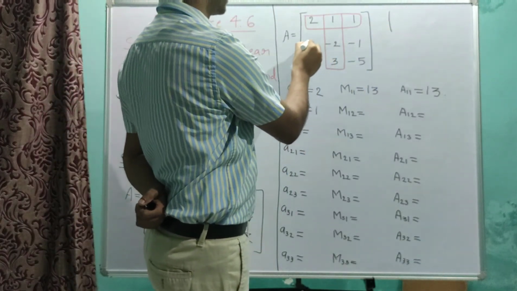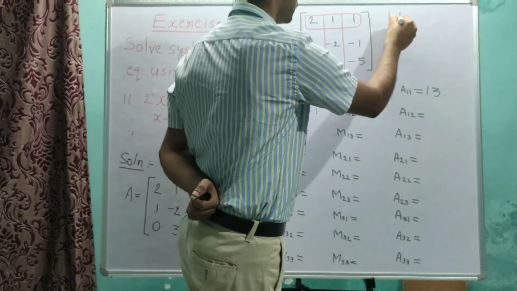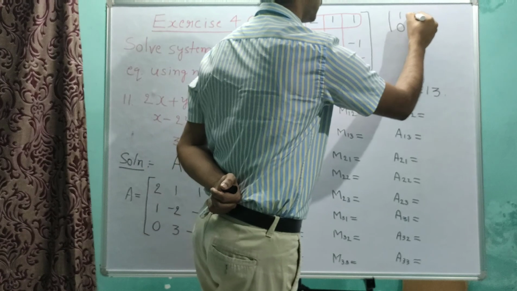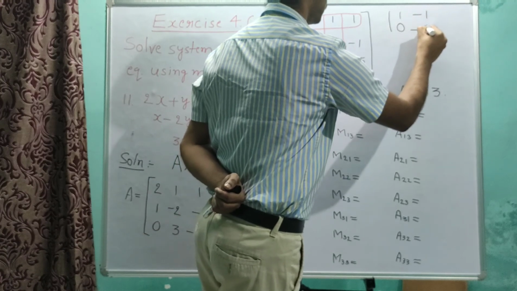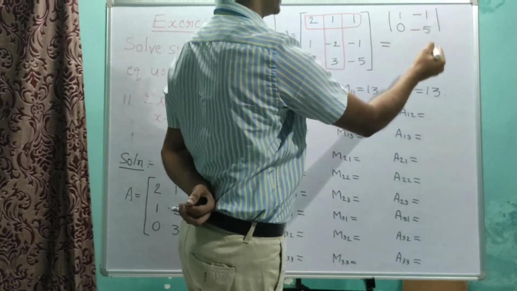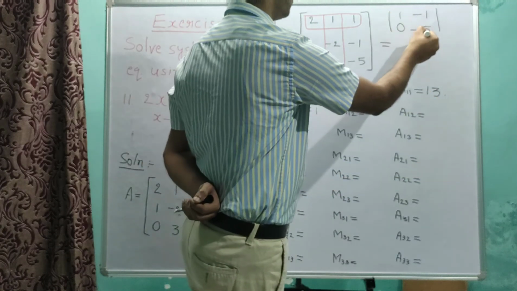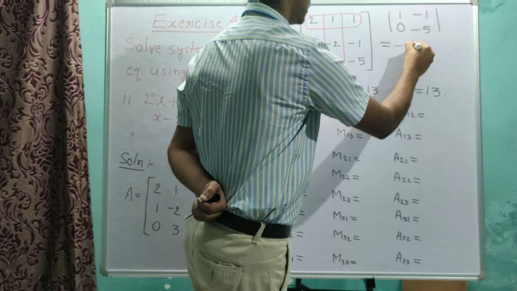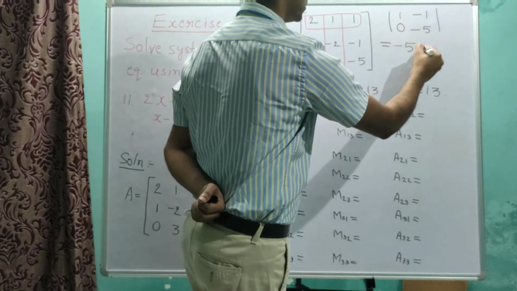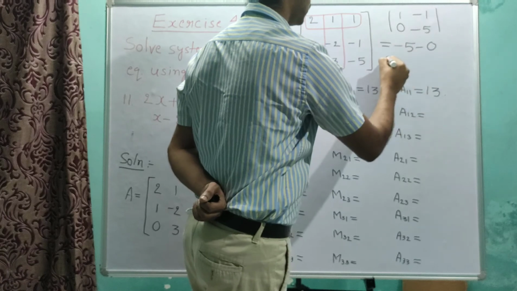So the remaining elements are 1, 0, minus 1, minus 5. So if you expand the determinant, 1 into minus 5, that is minus 5, minus 1 into 0, that is 0.